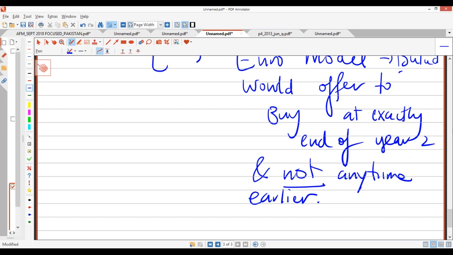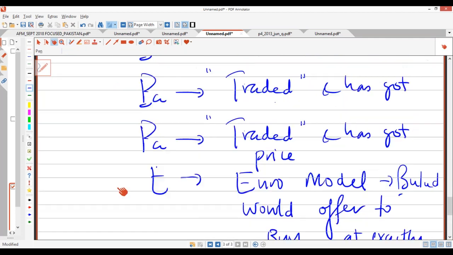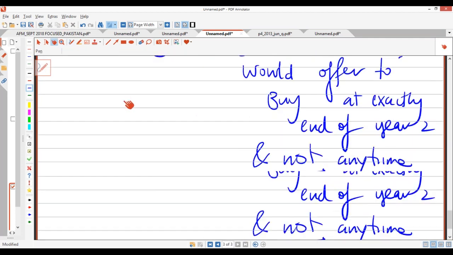So this is what you have: 5 determinants, 4 assumptions.